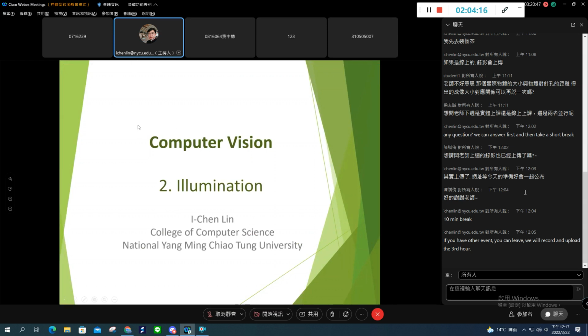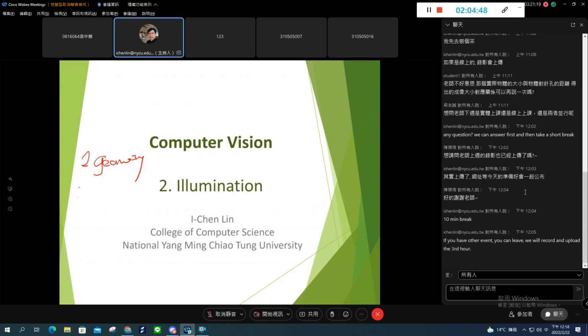Okay, so let's move to our second part, so-called illumination. Illumination is actually regarding the lighting effect. So why do we have to talk about illumination? Because for a 3D thing, there are two main things. The first one is geometry, and for geometry, we can use some pinhole or other camera model.